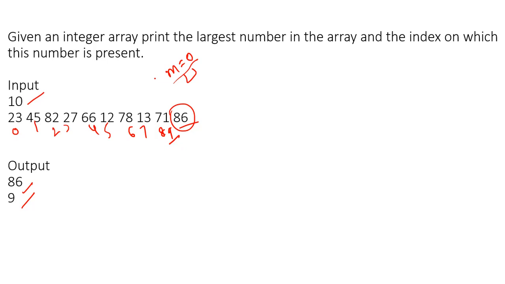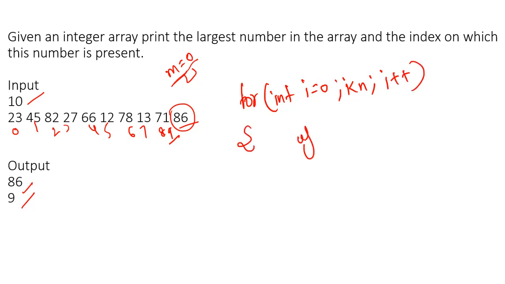So we'll be directly printing the maximum element that is stored in the m variable, and also the index associated with it. So basically we are going to do it like this: int i equal to 0, i less than n, we run the loop i plus plus. Here we'll check if a of i, supposing the array is a, is greater than m, then we'll update the value of m as a of i.